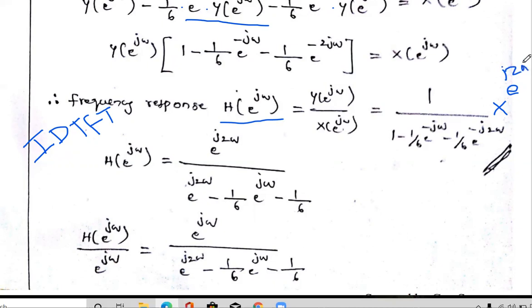So that's why we will get H of e power j omega equal to e power j2 omega divided by 1 into e power j2 omega minus 1 by 6 into e power j omega minus 1 by 6.